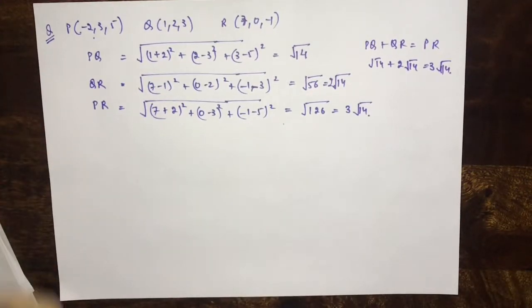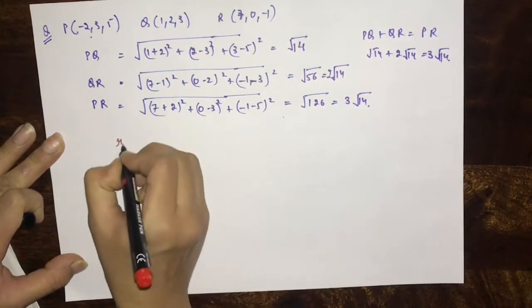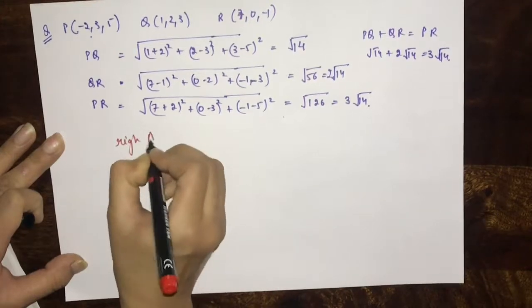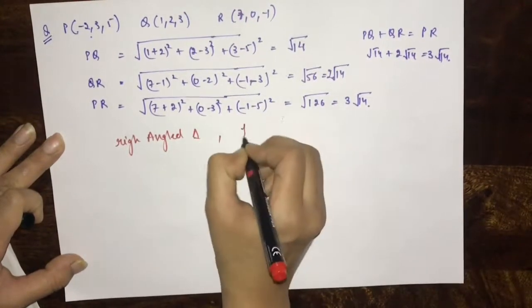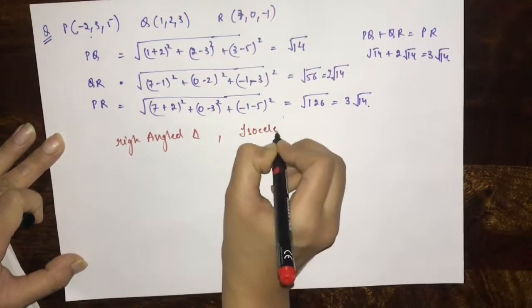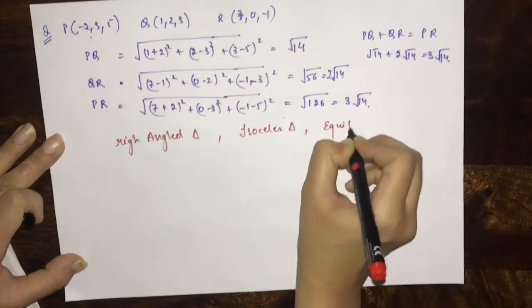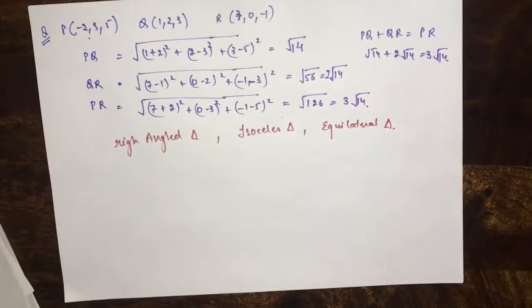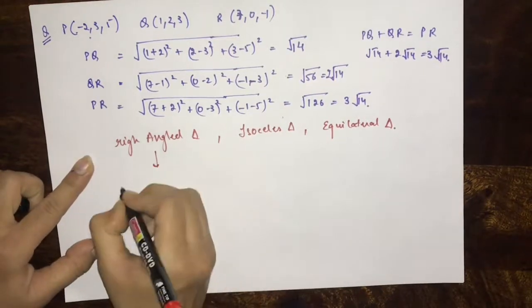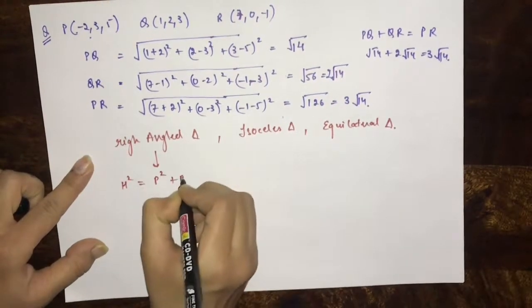Now, the next topic which can be asked is to prove whether the triangle that you have is a right angle triangle, or it could be an isosceles triangle, or it could be an equilateral triangle. For a right angle triangle, your hypotenuse square should be equal to perpendicular square plus base square.